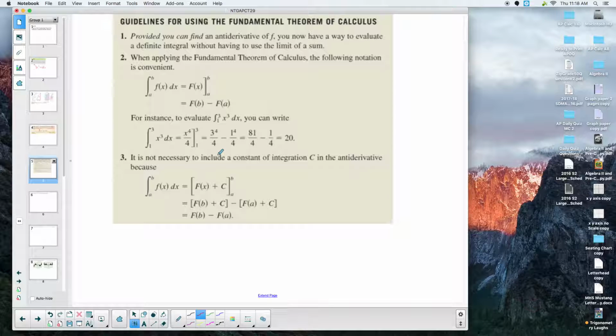Now, to use the fundamental theorem, there are a couple of things we need to do. First, all that says is make sure you can use it. In other words, make sure there's an antiderivative that exists and make sure it's continuous. So make sure your function is continuous.